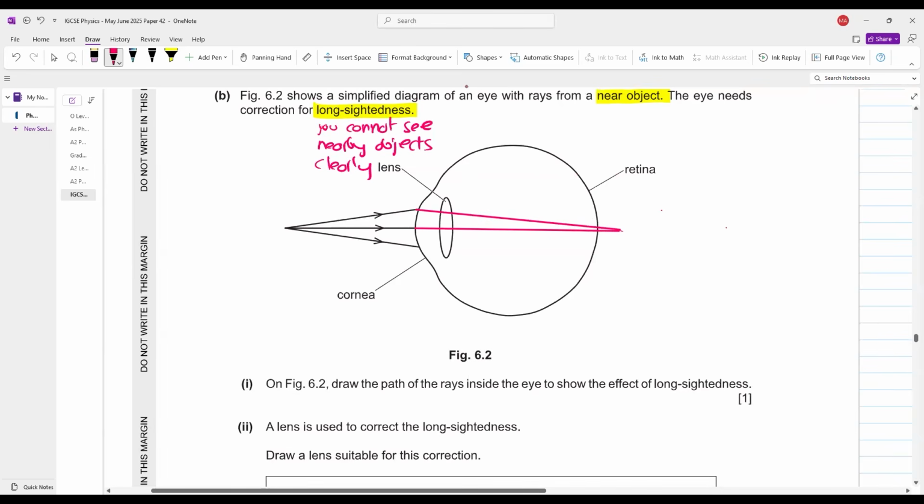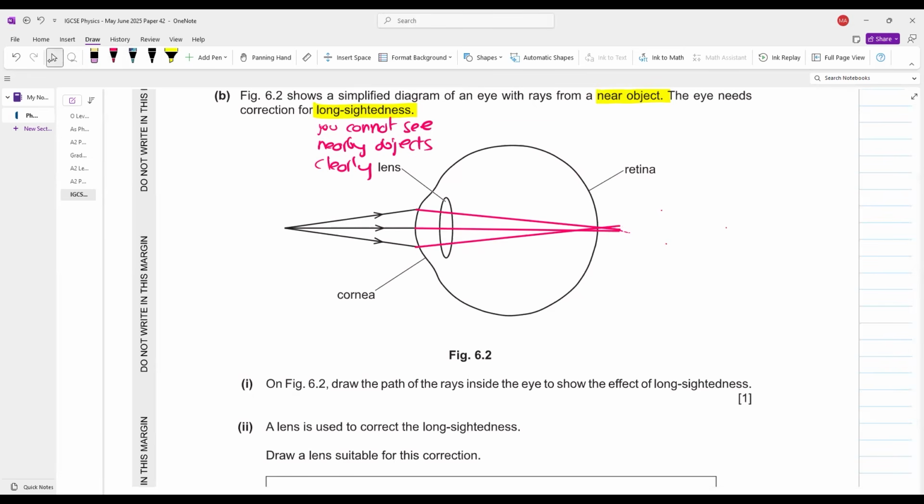Behind the retina, like this. इस तरह इसको हमने यहाँ पे रख दिया. And probably like this. ठीक है, image is forming somewhat behind the retina.